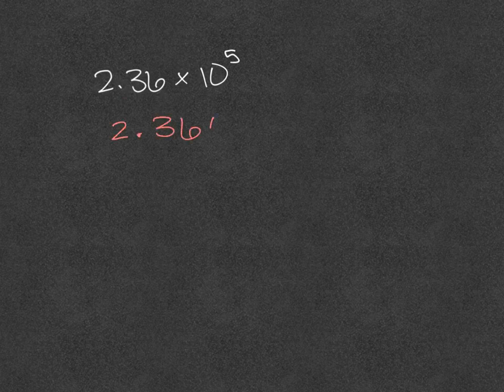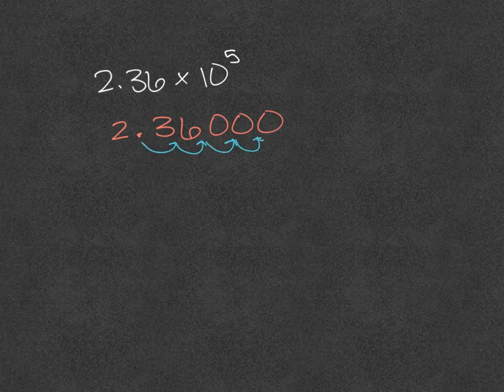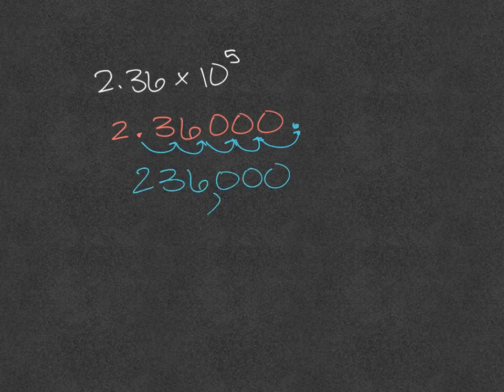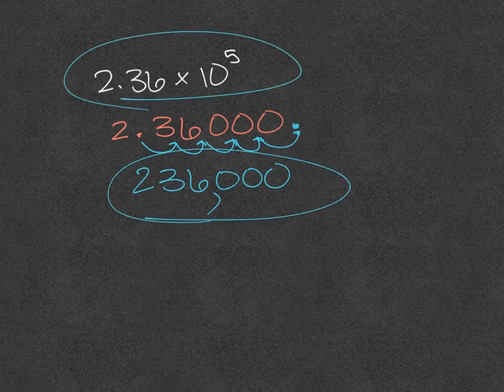So I start by writing the number and then giving myself some room there, and I'm going to move that decimal 5 times back out again, and that gives me 236,000. Same number written in a different way, and with practice it becomes easier.